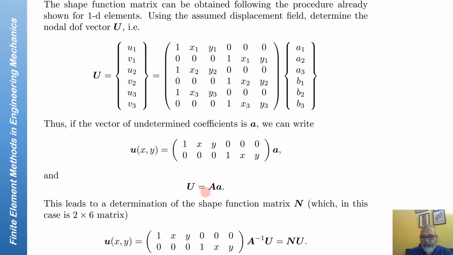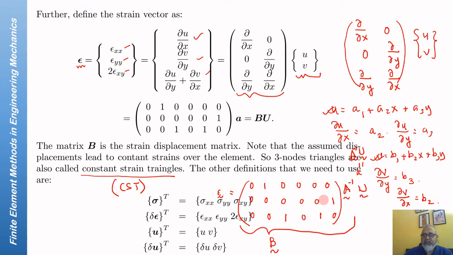By the way, the size of the N matrix: A inverse is 6 cross 6, this is 2 cross 6, and therefore the N that you get is also 2 cross 6. So N is a 2 cross 6 matrix. B, as we have seen, is a 3 cross 6 matrix, because this is 3 cross 6 and this is 6 cross 1.